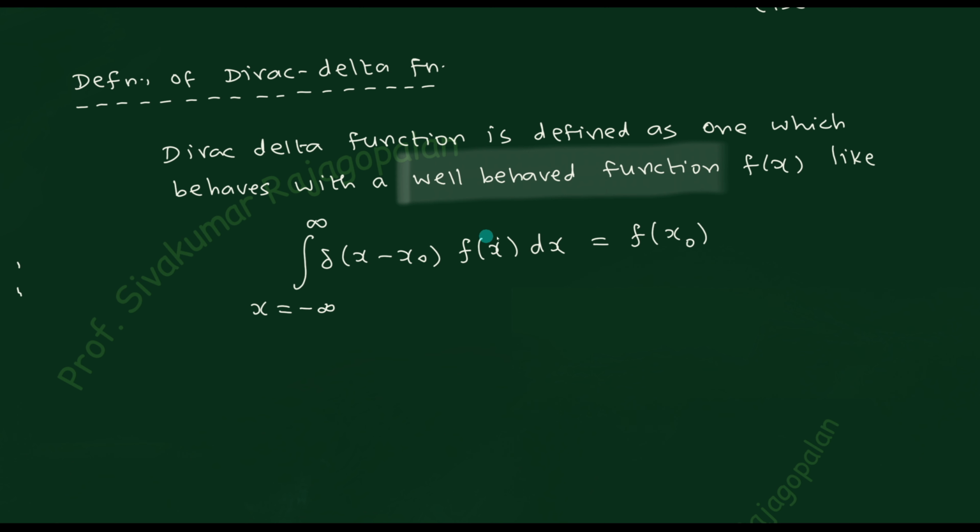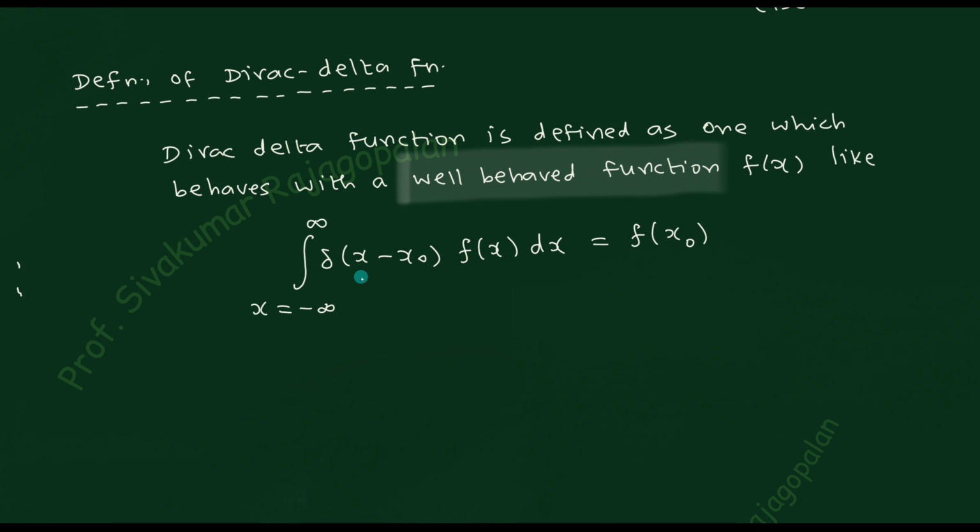Note this down: only when a well-behaved function is joined with the Dirac delta function can you understand that the integration is meaningful and really gives some result. If f of x is not there, that is, when you don't have a well-behaved function in this place, then the Dirac delta function itself doesn't behave properly.